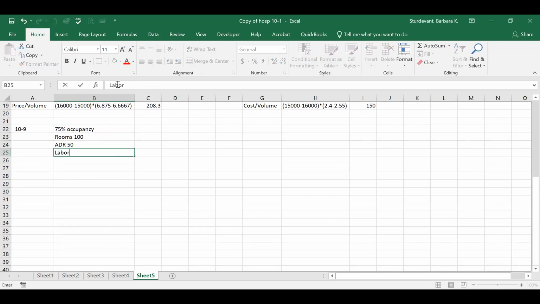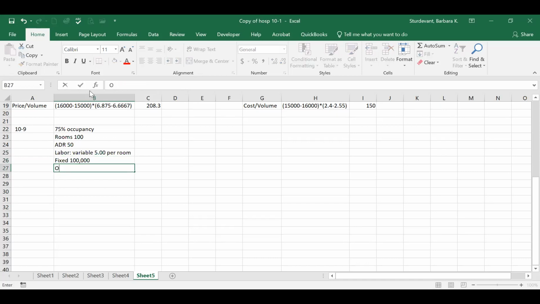Labor: variable is $5 per room, and fixed, 100,000.